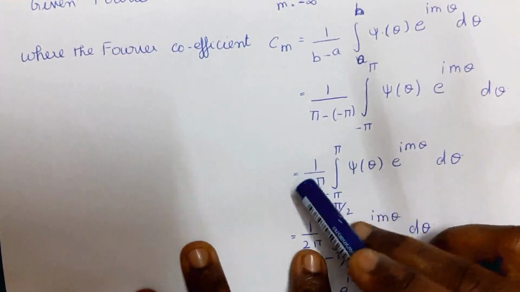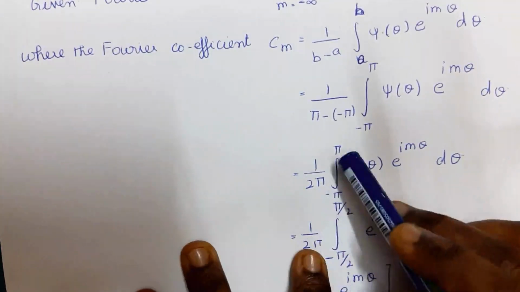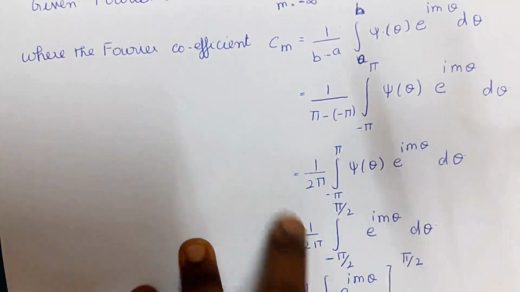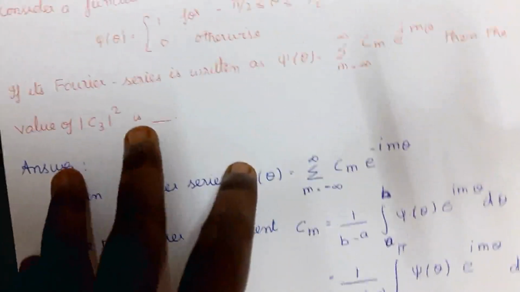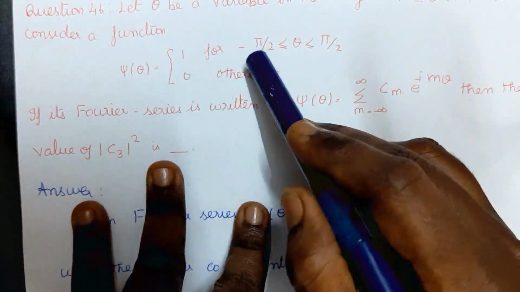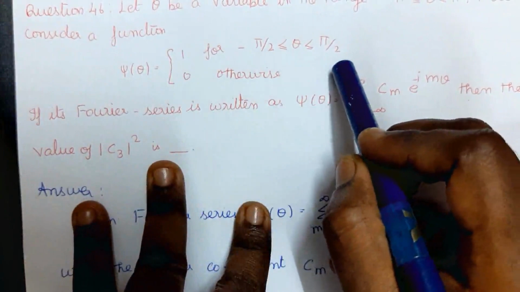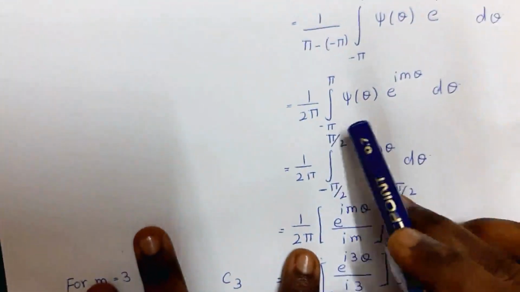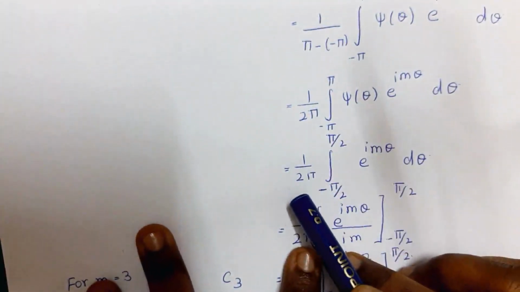Now it will become 1 by 2 pi, integral from minus pi to pi psi of theta e power i m theta into d theta. Now in the question they have given the psi of theta value as 1 in the interval minus pi by 2 to pi by 2, and in other intervals it is going to be 0. Therefore, it will become 1 divided by 2 pi.